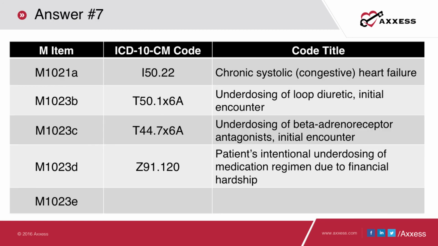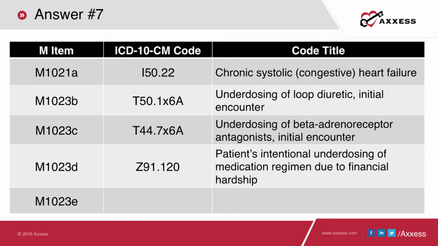In this case, we're coding our recert. We know with underdosing, we are to code the underlying condition first. So in our first position, we have exacerbation of the CHF. So I50.22 is our primary diagnosis, and that's chronic systolic congestive heart failure. Now, the reason that she had that problem was because she was doing an underdosing. So we have 2 underdosing codes here.